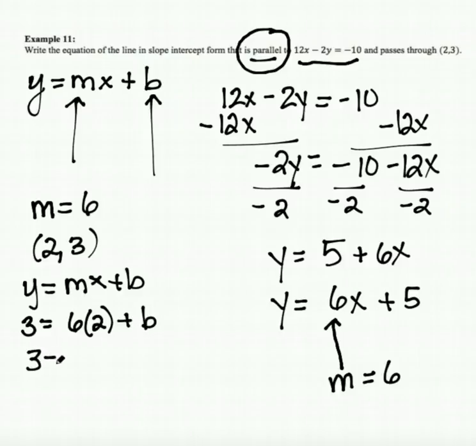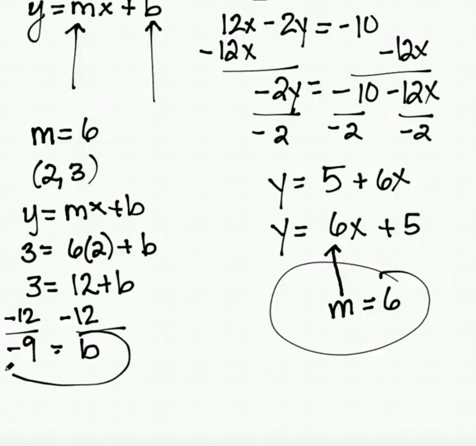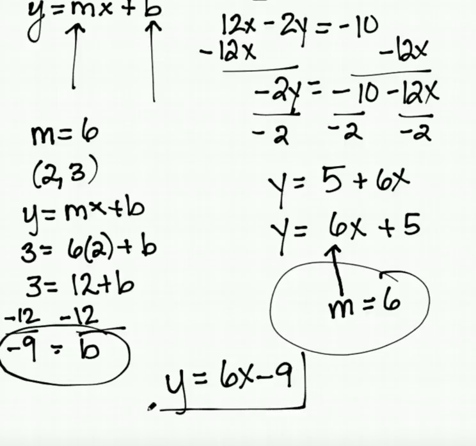So 3 equals 12 plus b. I need to solve for b, so I'm going to subtract 12 from both sides. So that's going to leave me with b equals -9. Okay, so my final answer, I have the slope that I want, and I have my b, my y-intercept. So my equation is y equals 6x minus 9.